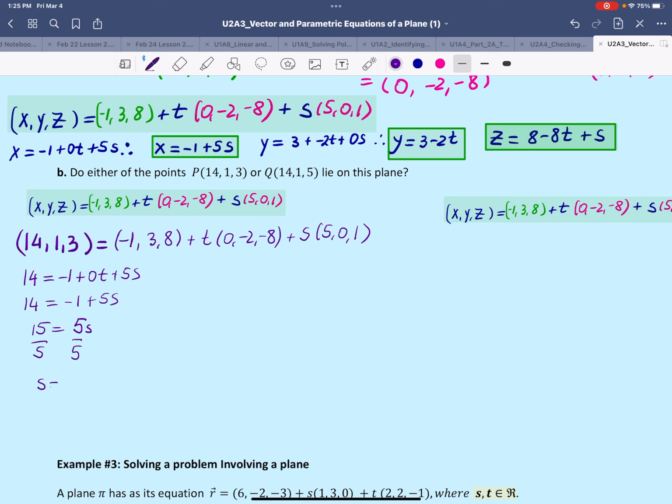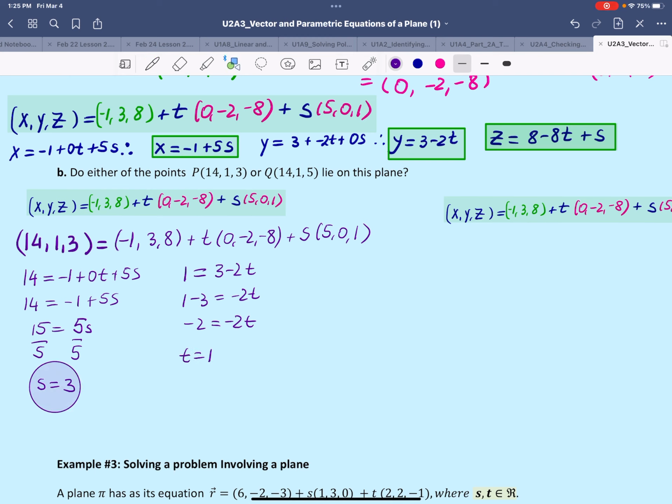So we have s equals 3. I'm going to grab the parametric equations, they're easier to use. We have the y coordinate, which is 1, equals 3 minus 2t. So 1 minus 3 equals negative 2t. Negative 2 equals negative 2t, and that gives the t value of 1.